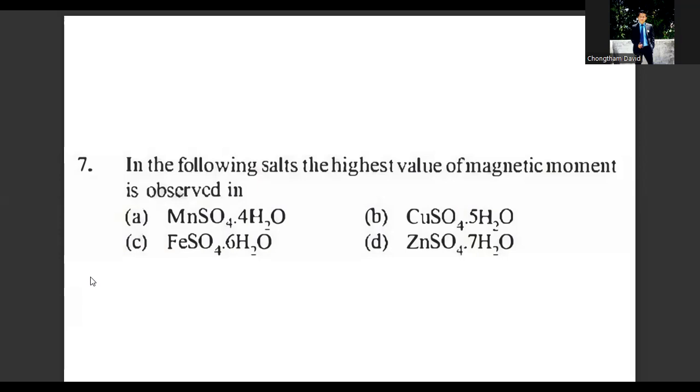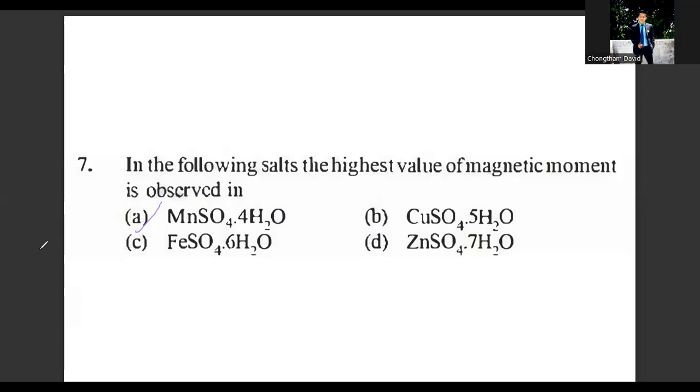Zinc 2 plus, 3d10 configuration, has 0 unpaired electrons. Nickel 2 plus, 3d8 configuration, has 2 unpaired electrons. Higher the number of unpaired electrons, higher will be the magnetic moment. Hence, manganese 2 plus having maximum unpaired electrons will have the maximum magnetic moment. So the answer to question number 7 would be A.